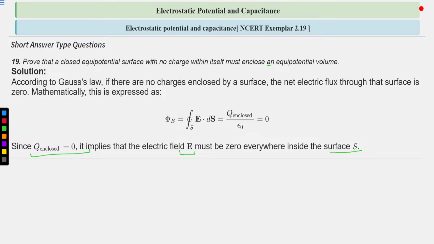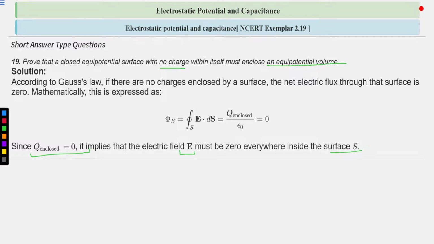That it must enclose an equipotential volume. Okay, what is an equipotential volume? It means over a volume there will be constant potential. So they are asking that if any equipotential surface is closed and encloses a volume with no charge within itself, it must enclose an equipotential volume.